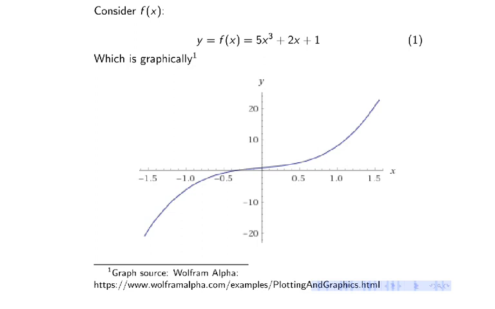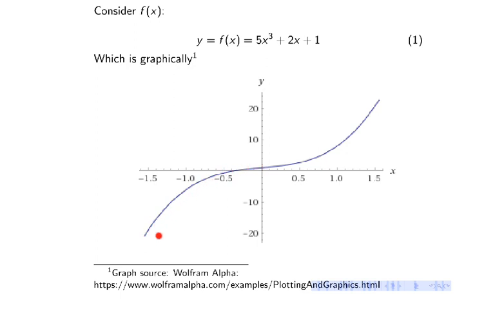The example we're evaluating is 5x cubed plus 2x plus 1 is equal to y, which is a function of x. And below, we have a nice graph that shows us how this function behaves. As you can see down here, it's increasing, but it's increasing at a decreasing rate, which explains this curve right here.